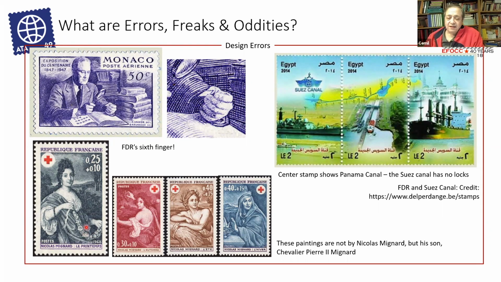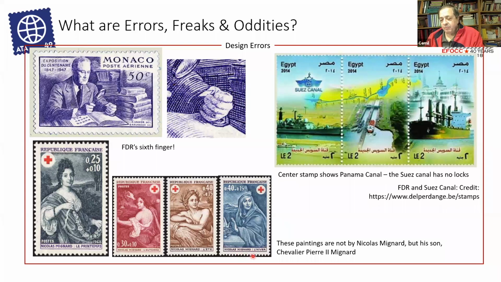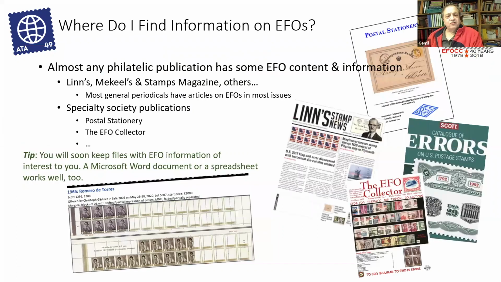At the time that the French post office printed those, they were thought to be painted by Nicolas Mignard. But several years later, they looked at them carefully and they decided that after all, they were painted by his son. So there you go. It's a retroactive design error. So these are the kind of errors that you find.